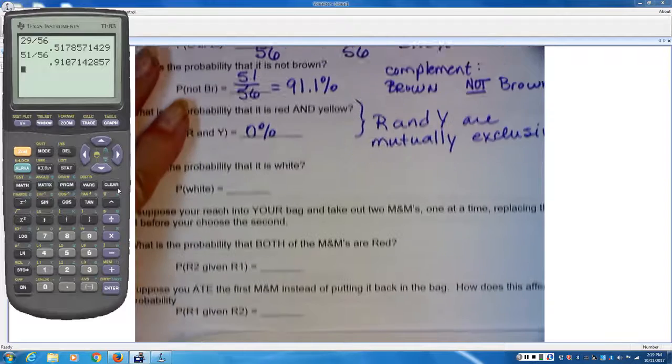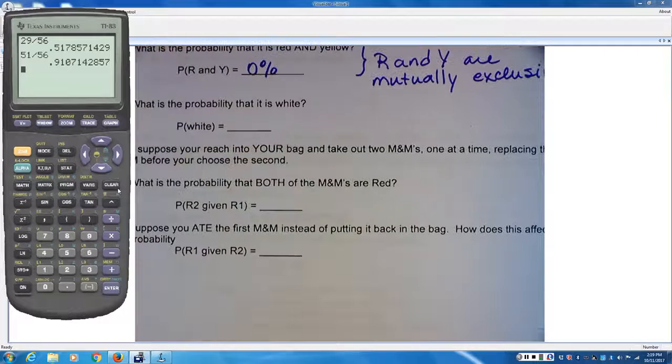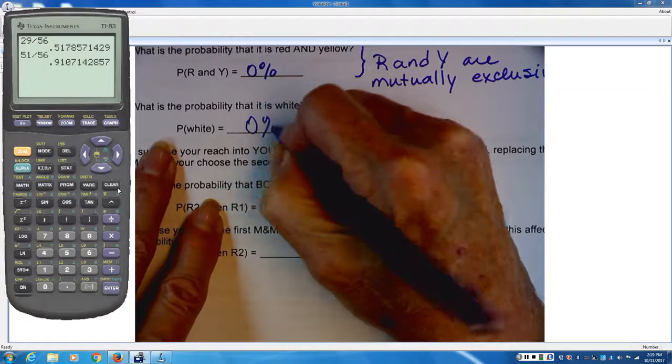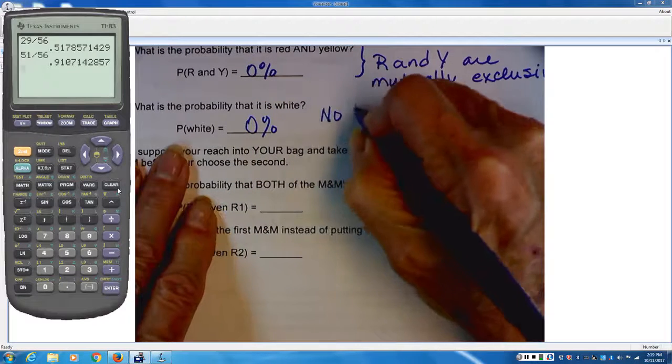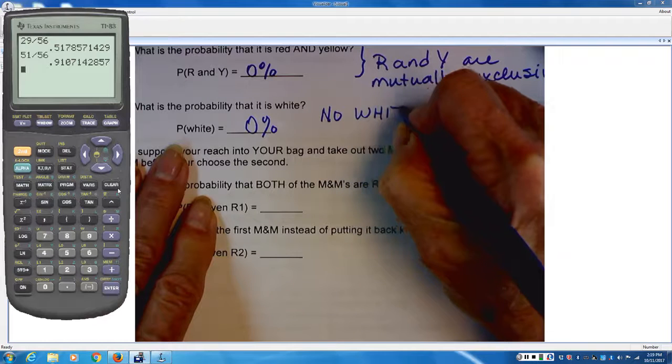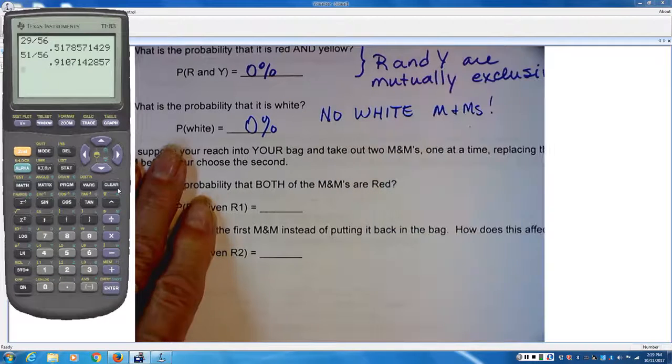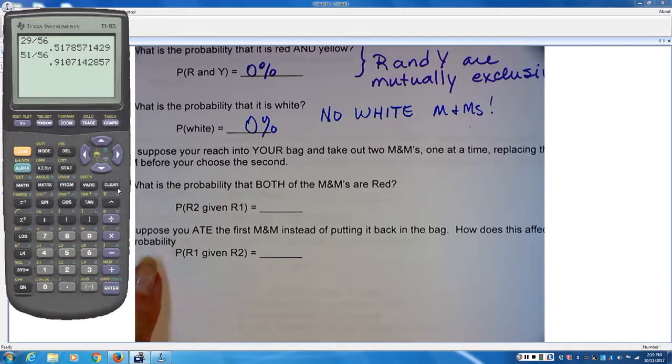Okay, another example of let's not park your brains. If you reach into your bag and draw out an M&M, what's the probability it's white? 0. There are no white M&Ms.